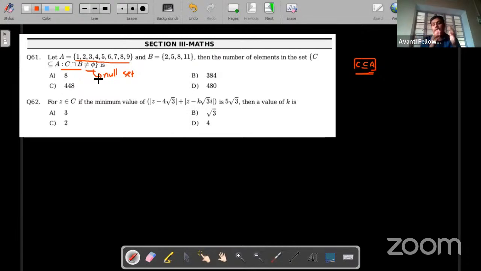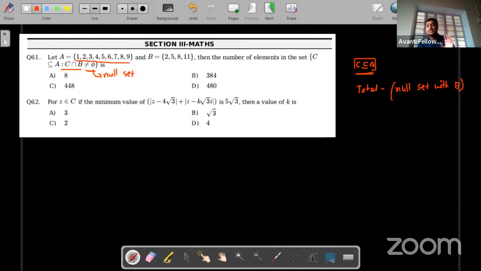It means we'll subtract the number of sets whose intersection with B is null. Clear? So, total minus the null-intersection sets with set B.